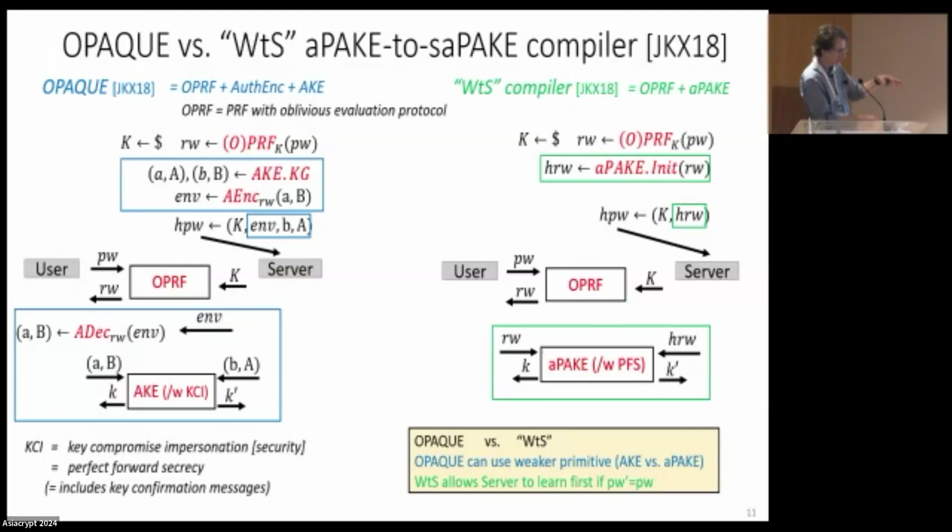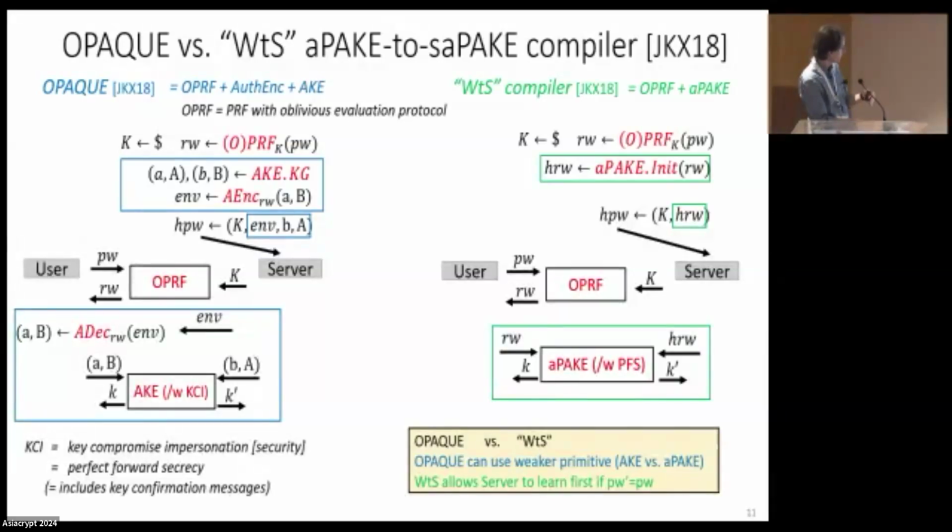If you think of, for example, triple Diffie-Hellman, then this is just a Diffie-Hellman key, and this is another Diffie-Hellman key, right? So this is g^a, and this is g^b. She encrypts her own private key and the server's public key under this output of the PRF. We call it an envelope, and what sits on the server side is the PRF key, the envelope, the private key of the server, and the public key of the client.